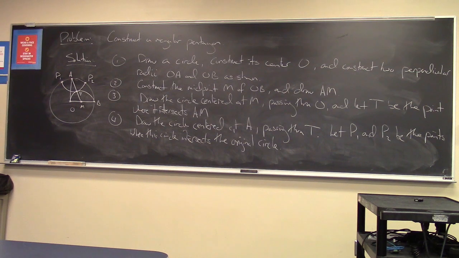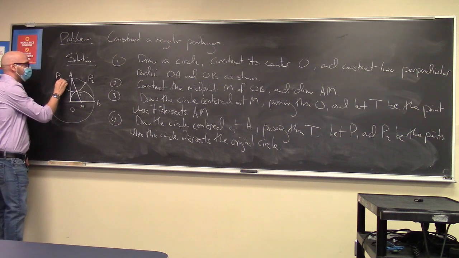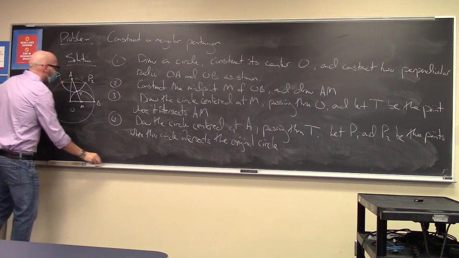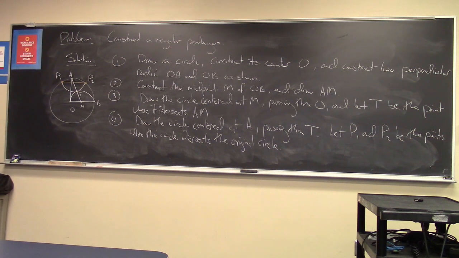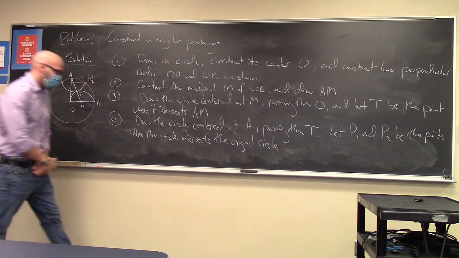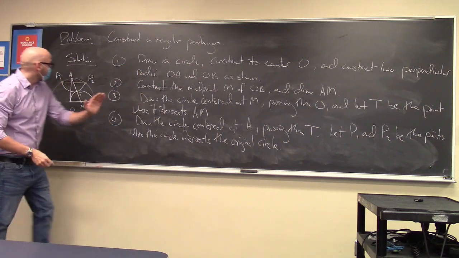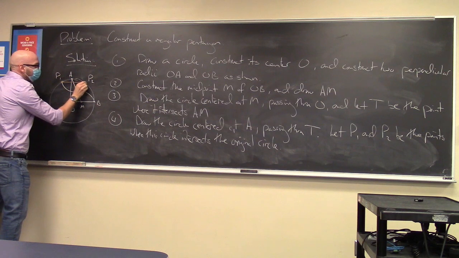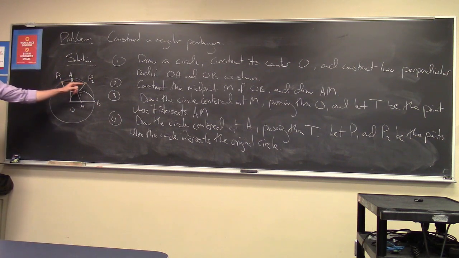My claim is that that's all I need. Now we're essentially done with the construction. My claim is that P1 to P2 is one side of a regular pentagon inscribed in the circle. Which means I've technically done a little bit more, right? P1 to A to P2, those are two sides of a regular decagon.